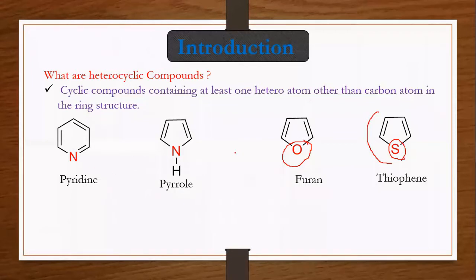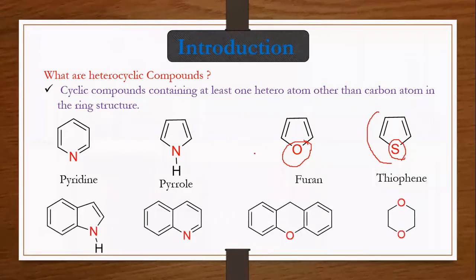Why I have written this all in first line? Because you have learned these examples in SYBSC. Now, I have given some additional examples. This is a combination of 6-membered ring benzene and 5-membered pyrrole ring.